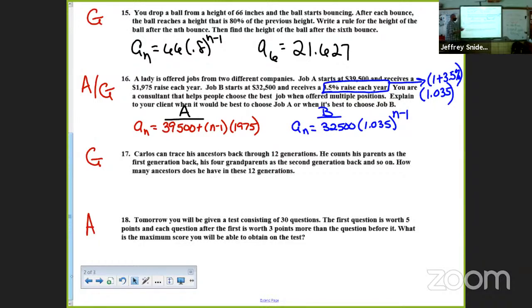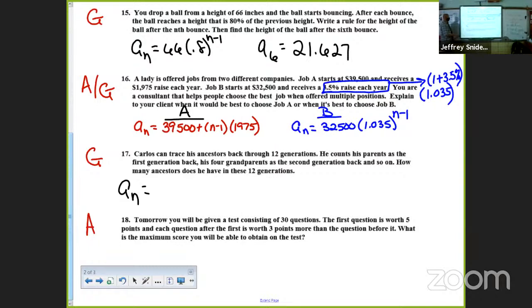Your final answer is, how many ancestors does he have in these 12? That's the total amount, not in the 12th generation, but in all of these. So what's the rule? Let's get the rule on this one first, because we're going to do this using summation notation.